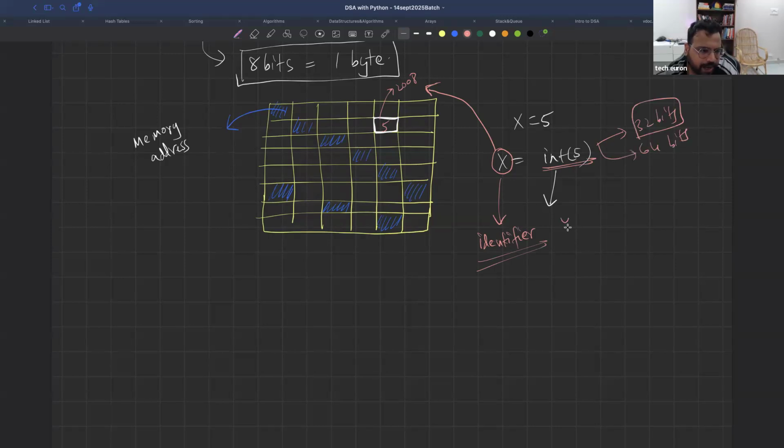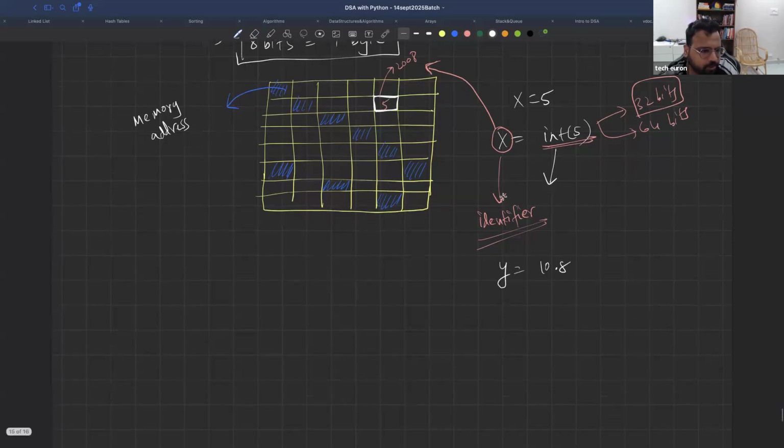If you're saying that y is equal to 10.8, okay, so this y can take up to 64 bits. Okay, 64 bits, or we say it is 8 bytes. 32 bits, or we can say 4 bytes.